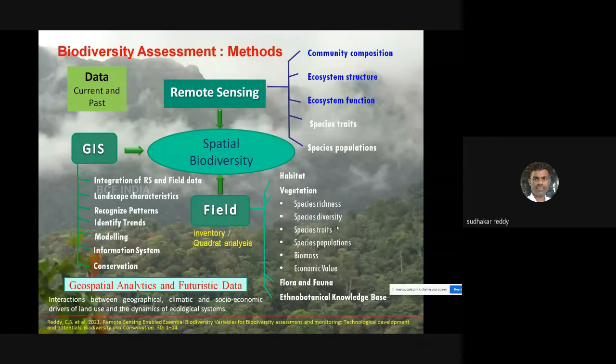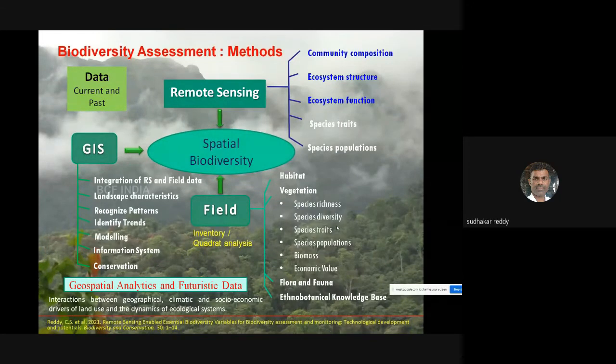It integrates the information, and it helps us in addressing habitat or landscape characteristics. We are able to understand the patterns in the data, like the data gaps, and also identify spatial as well as temporal patterns by linking the data from field measurements and multi-sensor remote sensing data.